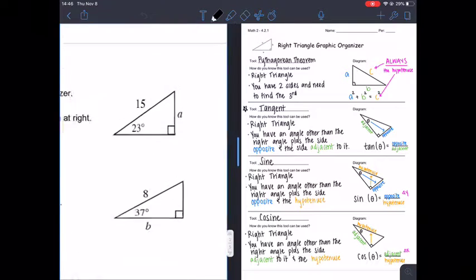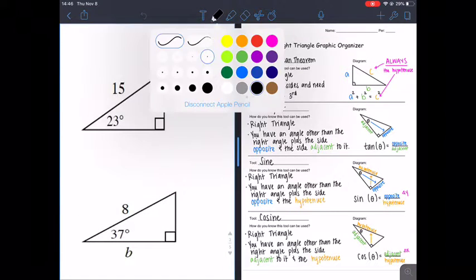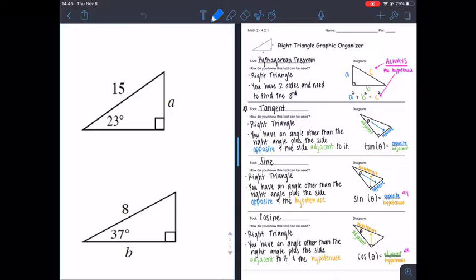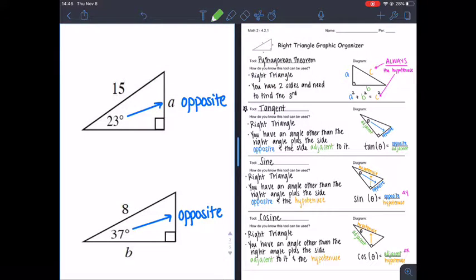So what I'm going to do on both of these here is I'm going to label my sides as opposite, adjacent, and the hypotenuse, just like we've done before. So in the first one, I'm given 23 degrees. So if I look here, here's my opposite side. The second one, I'm given 37. So across from that is my opposite side. My adjacent side is touching my angle here.